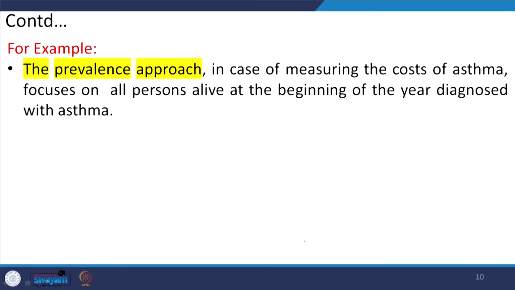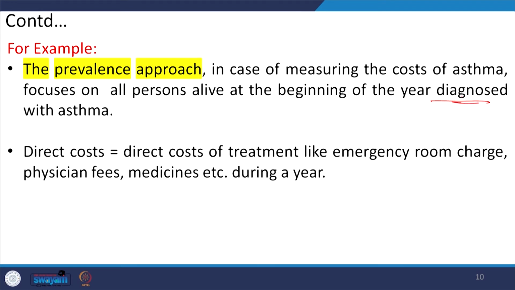So, for example, if you are following this prevalence approach, and here our example is measuring the cost of this illness, asthma, then we are focusing on all the persons alive at the beginning of this particular year who are diagnosed with asthma.